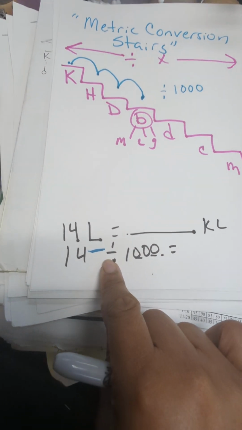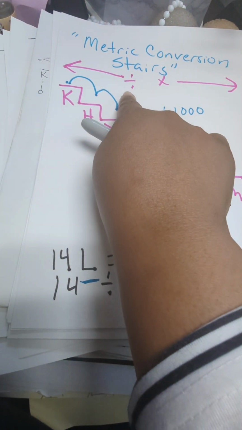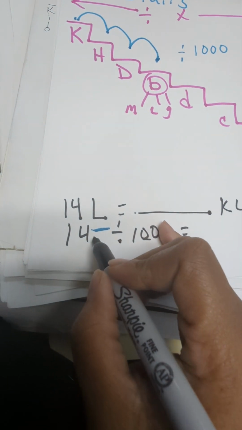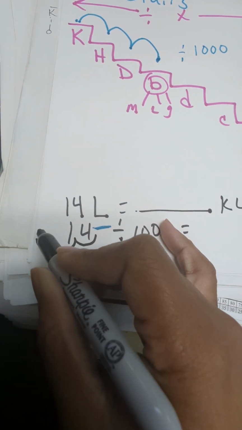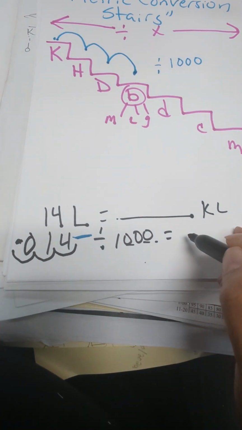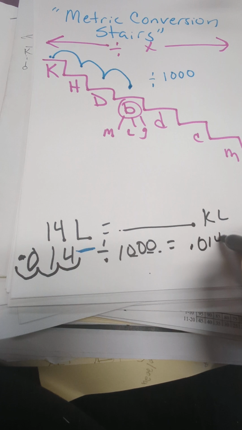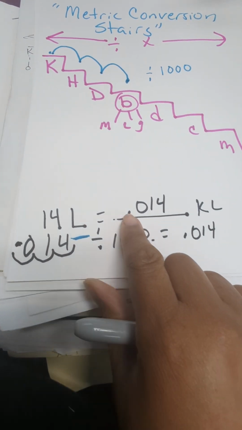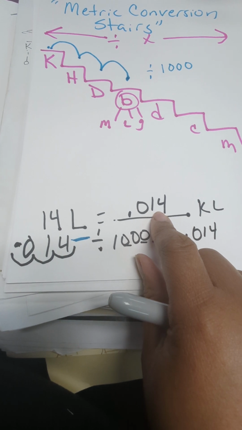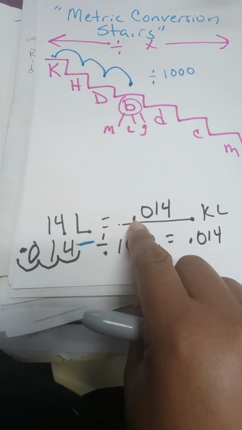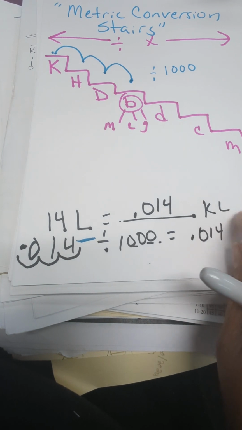But which way? We're dividing, so we move our decimal this way where the number gets smaller. So let's get started. 1, 2, 3. Replace the decimal. Fill in the empty space with the 0. Our new answer is decimal 014. In math language, you would say this is 14 thousandths. So 14 liters is converted over to 14 thousandths kiloliters.